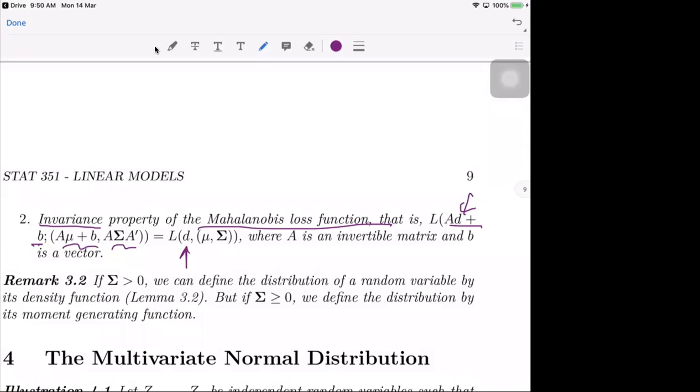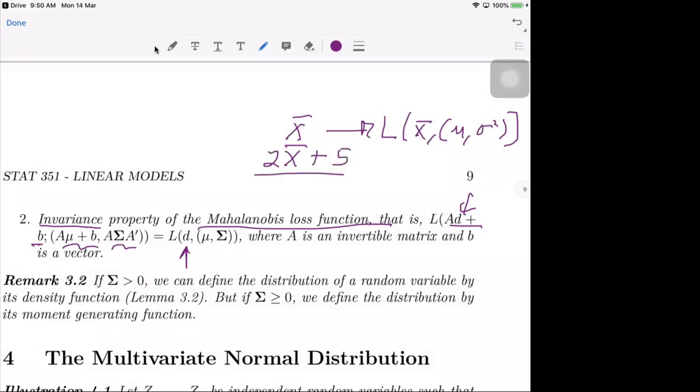So for example, if you have the estimator x bar, it has an associated loss function with some parameters, say mu and sigma squared. If we make a transformation, for example multiplying by 2 plus any constant, say 5, the loss function is associated with 2x bar plus 5, and of course your parameter will change here.